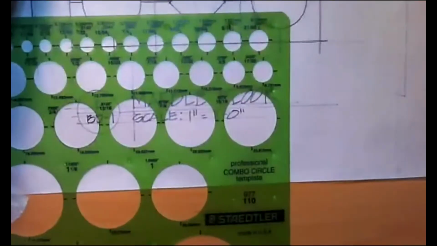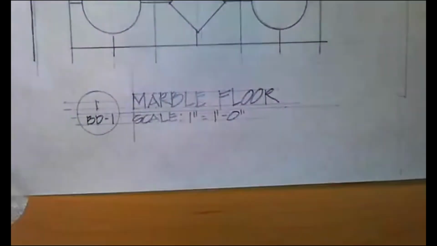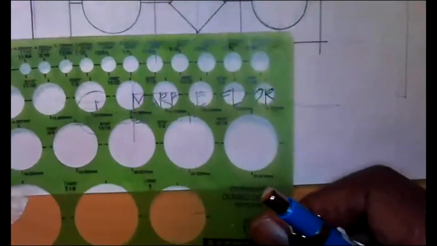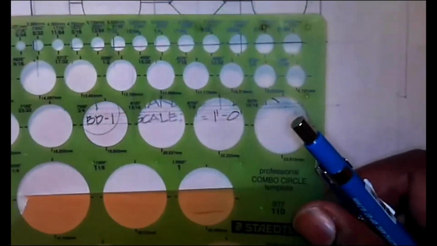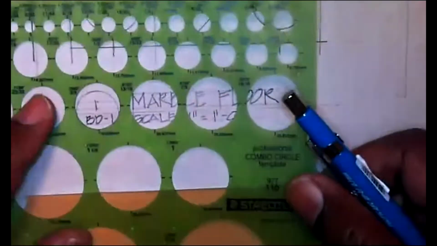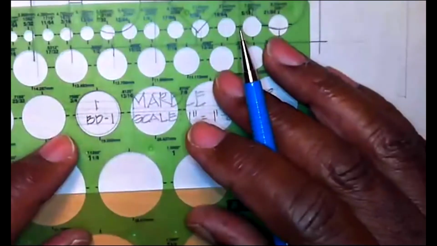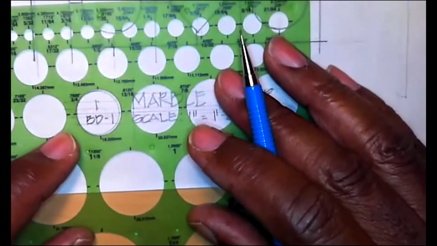Okay, camera had a little accident here. Good. We can still see it. Good. 3/4 of an inch diameter circle. So there it is. Okay, I'm going to line up those quadrant points again.